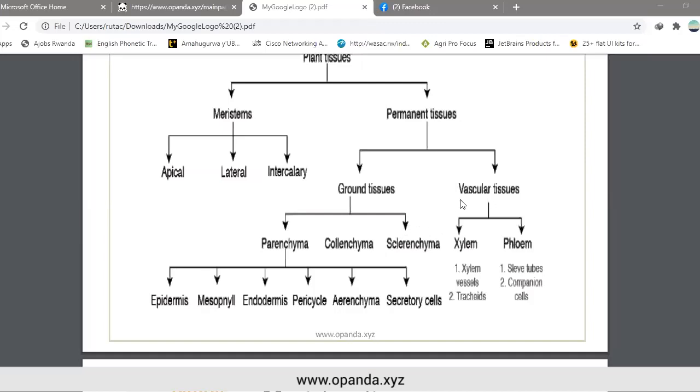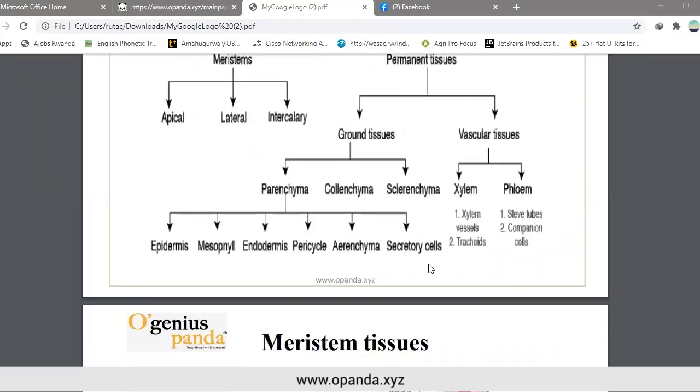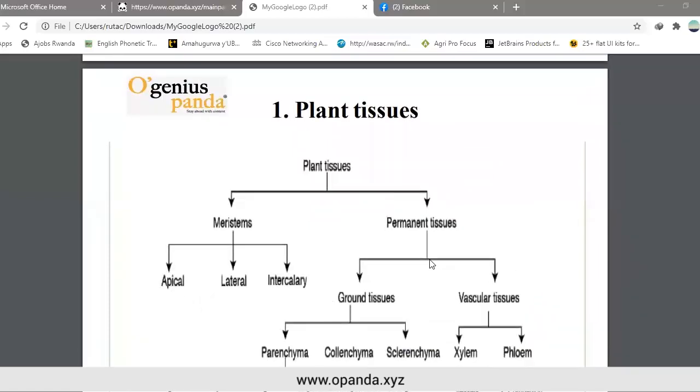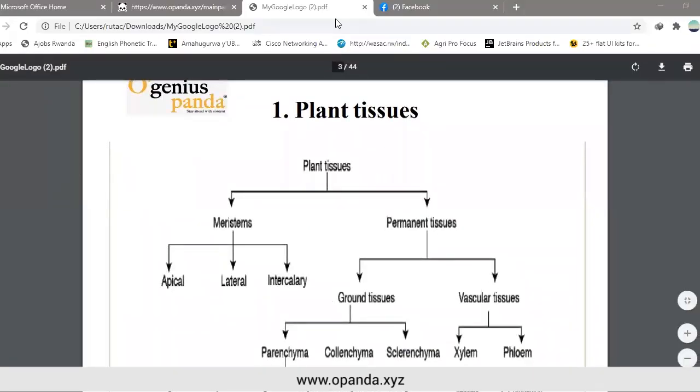Permanent tissues also have vascular tissues, xylem and phloem. We are going to go into detail one by one.